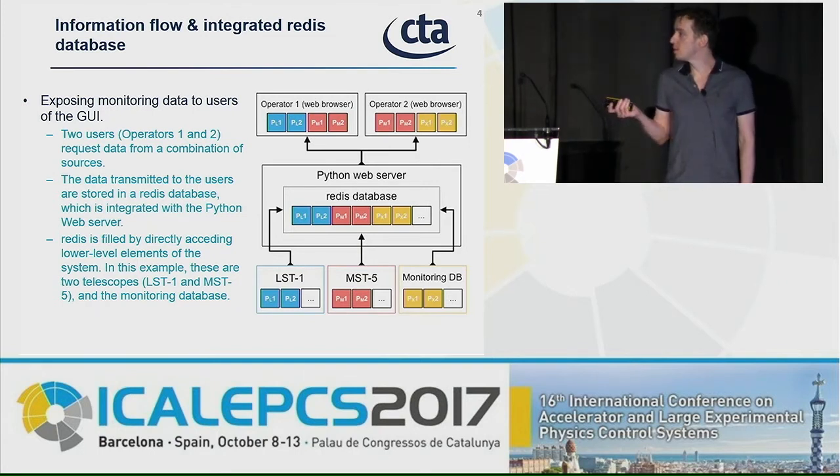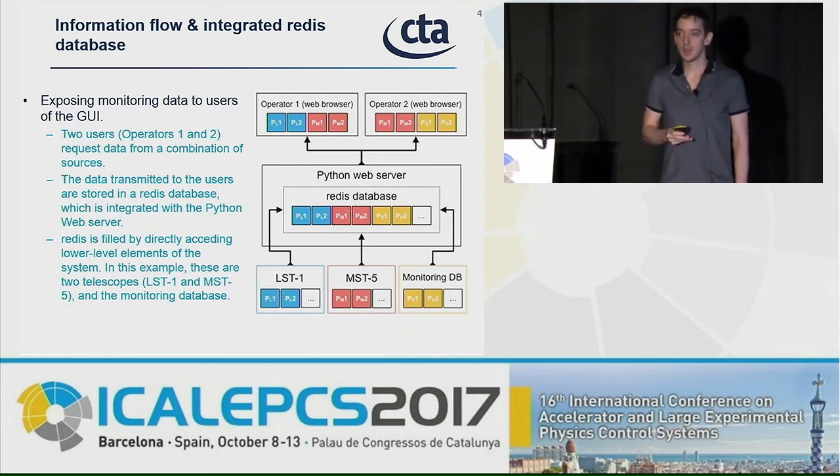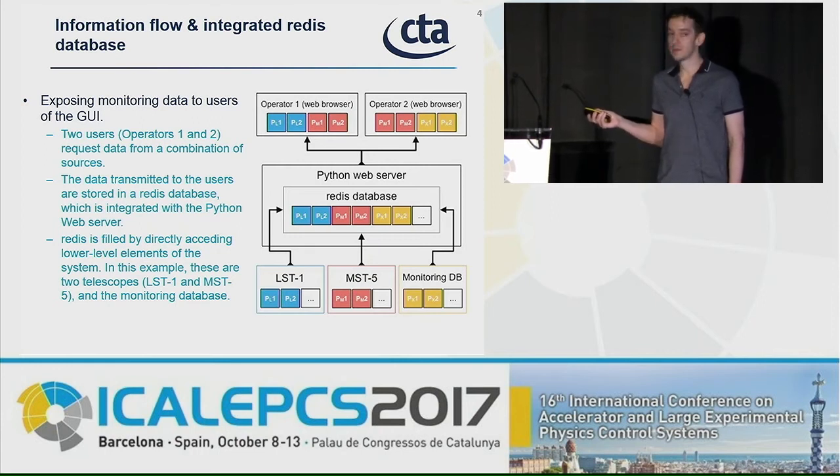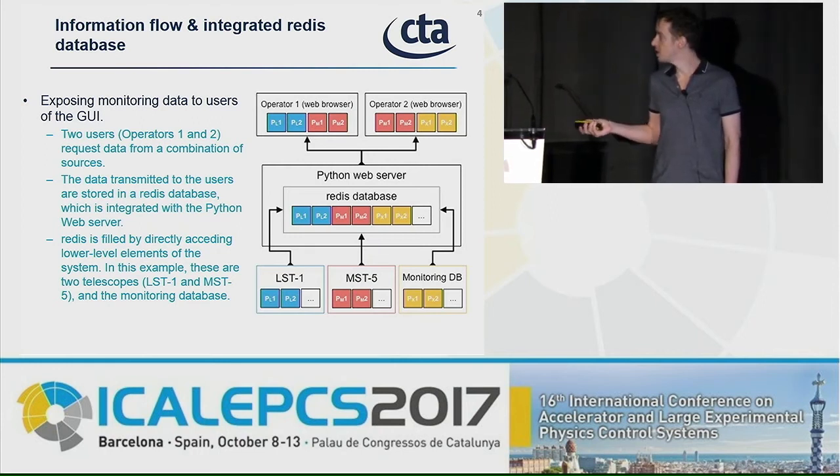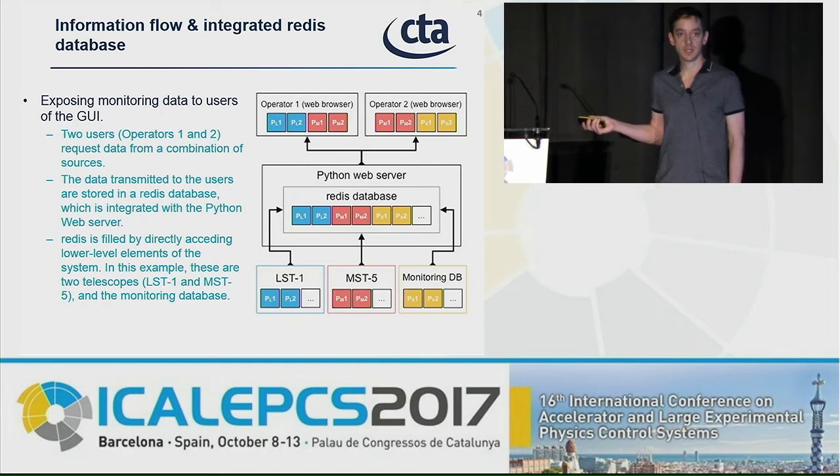Because let's say you want to have a panel that features some parameter that is a sum or an average of two other parameters, right? The GUI is not going to take charge of the system and start storing information. It reads the monitoring database, but it still has to somehow collect the information and update it. So we decided to use the Redis database as part of the infrastructure of the GUI itself. And then you can create monitoring channels. For instance here, this could be an ACS monitor, or you could do polling or a notification channel.